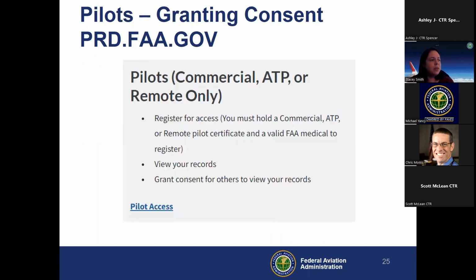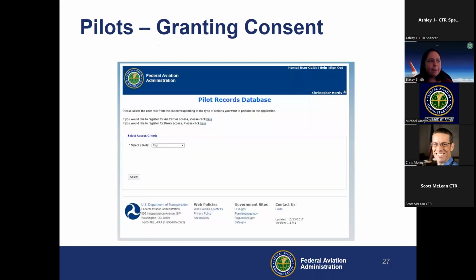Okay, we'll get started with the next part of our demonstration for pilots and go over how to grant consent in PRD. Again, we'll start over at our website, click on the pilot access link. Once you go through the login, it'll bring you to a page to select your role.